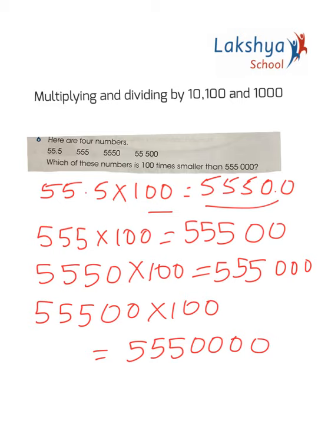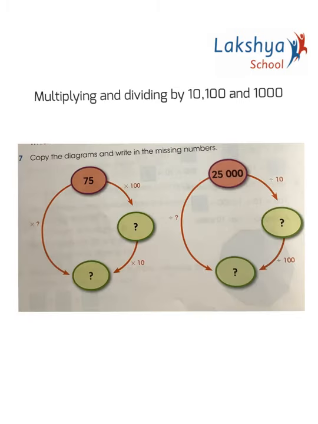Now, which of these numbers is 100 times smaller than 555,000? Now, let us check the answers over here. So, we see that this number is said to be 100 times smaller than the answer we got. So, definitely the number is 5550.